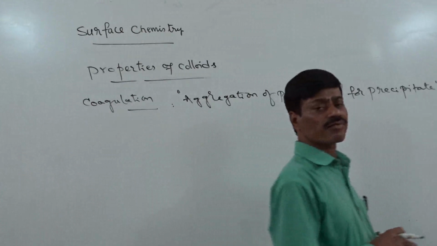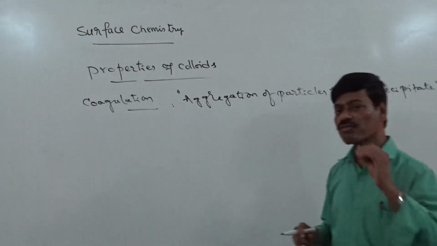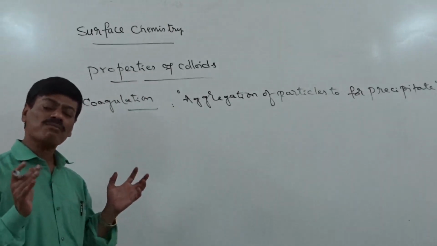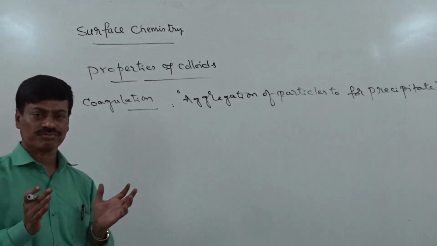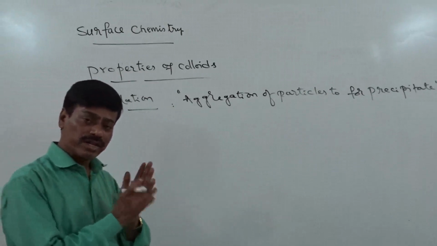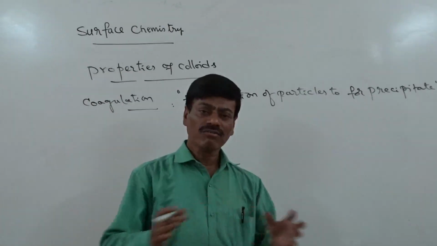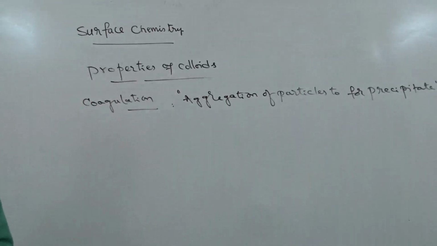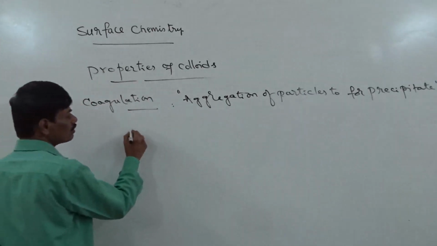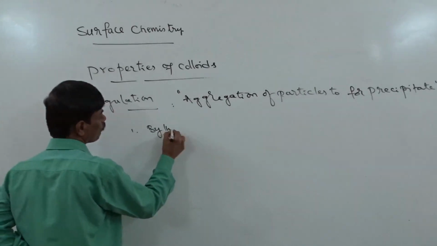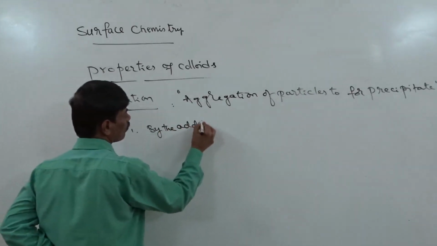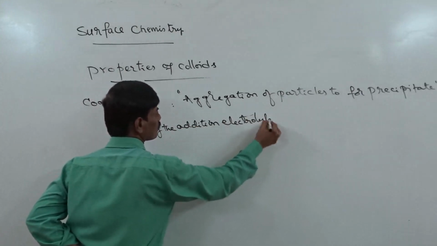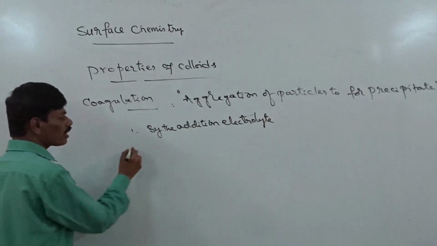In the case of colloids, for example lyophobic colloid, if we add electrolyte, then all the particles of that dispersed phase will come close to each other to form aggregation, right? So by the addition of electrolyte, this coagulation can be carried out.